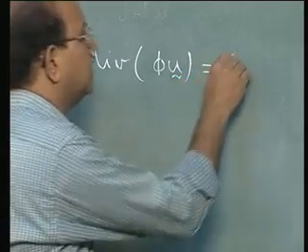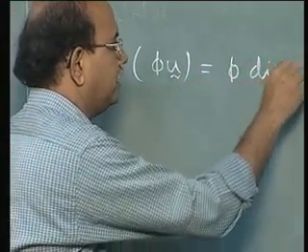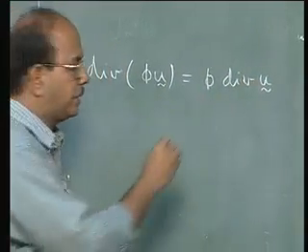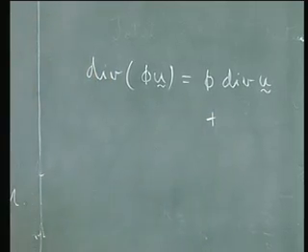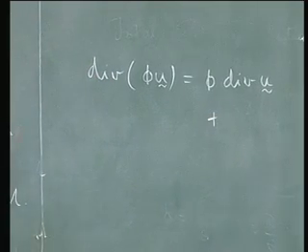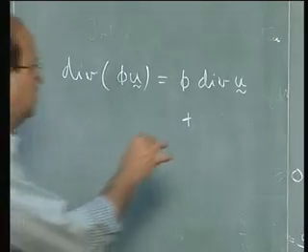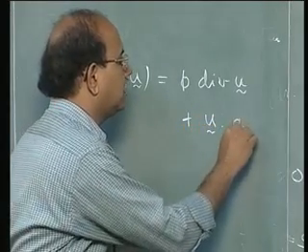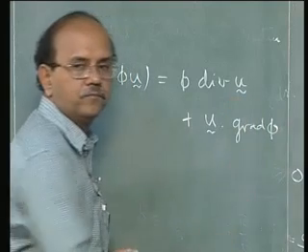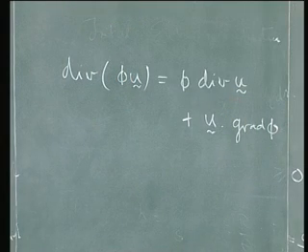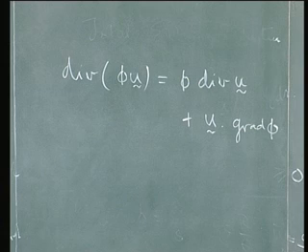It is equal to phi divergence of u plus u dot grad phi. This is how you write it. You can verify it by using simple rules of differentiation.